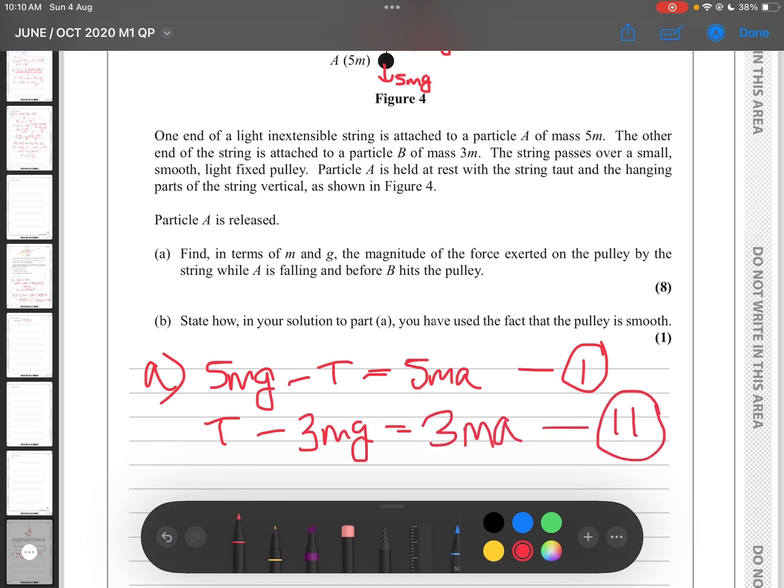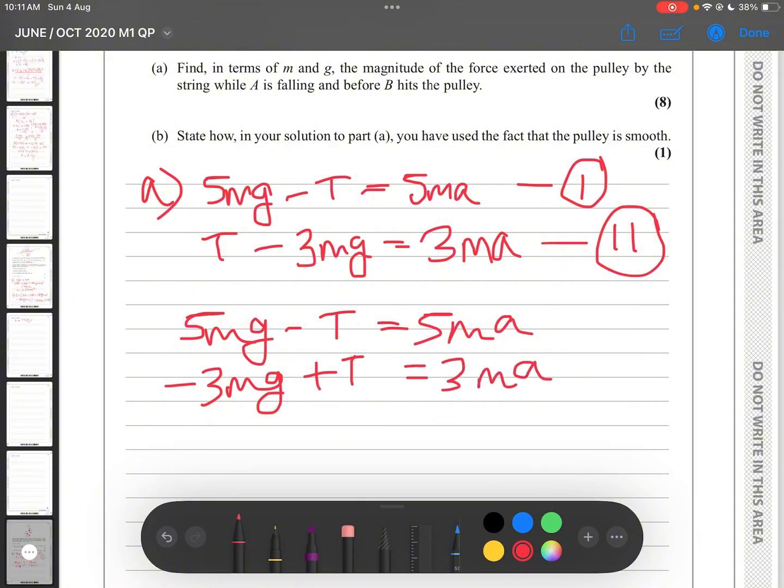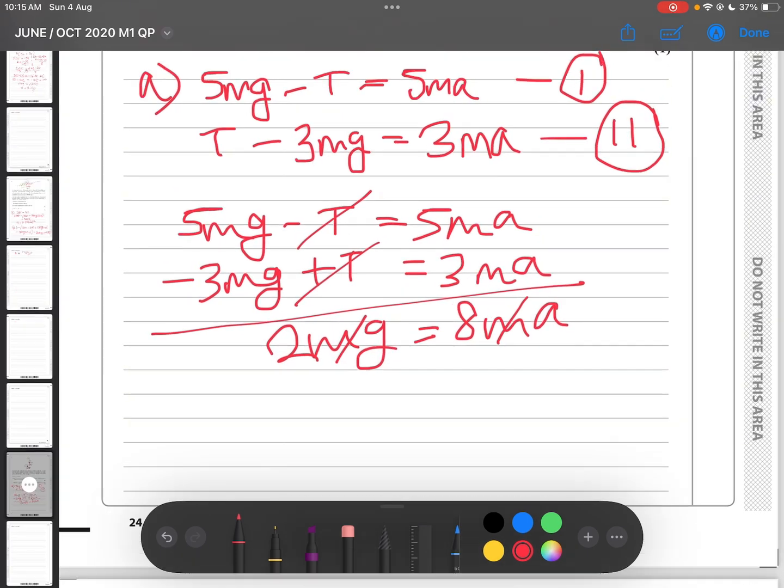This is my equation 2. 5mg minus T is equal to 5ma, and minus 3mg plus T is equal to 3ma. Plus T and minus T are going to be cancelled. So what we are going to get is 5 minus 3 is 2mg and 5 plus 3 is 8ma. The m and m are going to get cancelled. 2 divided by 8 is 1 by 4. And so it's going to be 1 by 4 g is the acceleration. I'm not cancelling out g because they said find in terms of m and g.